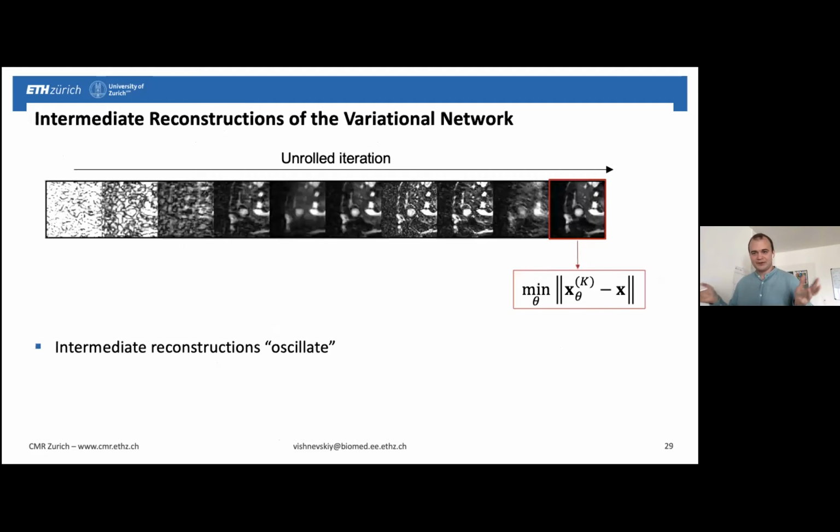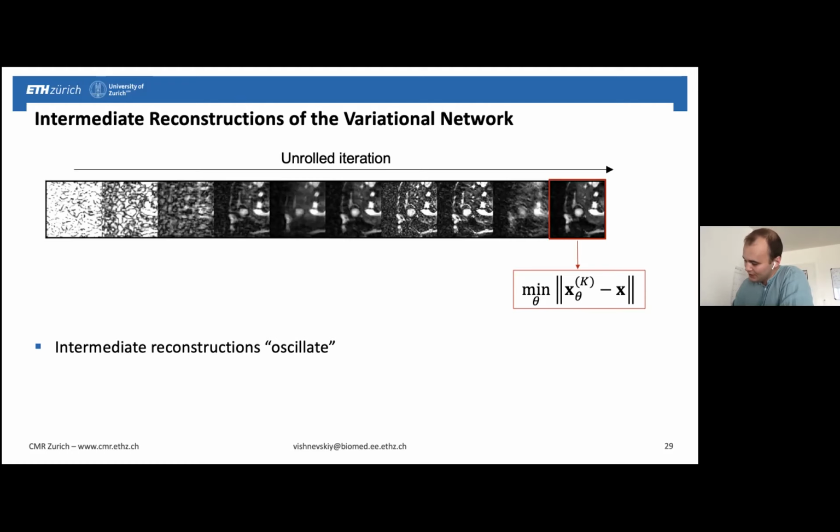Well, as I said, we have to gather some intuition from the classical methods. If you implement the optimization method for image reconstruction, you will see that the cost function goes smoothly to the minimum. And all the intermediate reconstructions during this iterative procedure, for model-based methods, look quite reasonable. However, for variational networks, it's not the case. It doesn't follow this pattern.